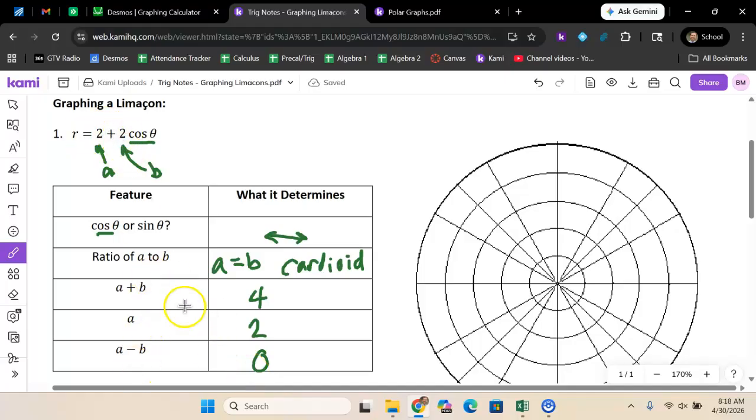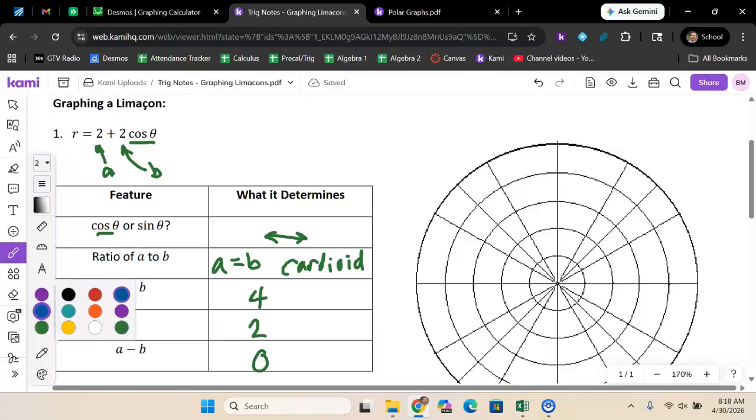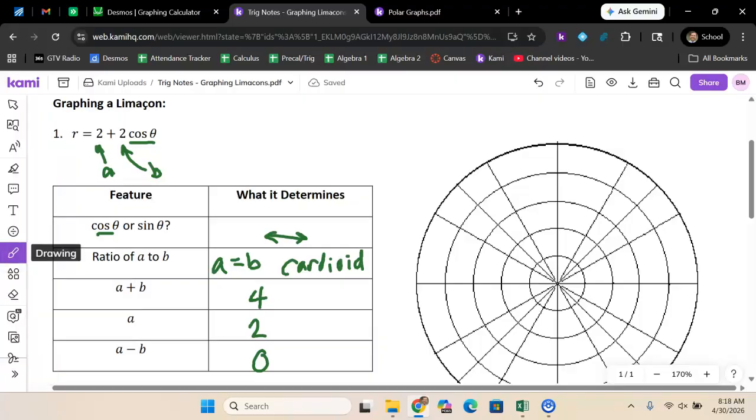If either one of those were negative, I'm just ignoring that, and then I'm going to adjust that for my graph based on what I know about the orientation.